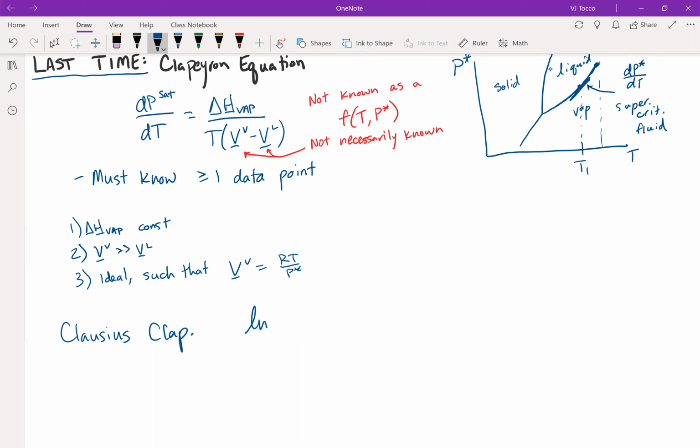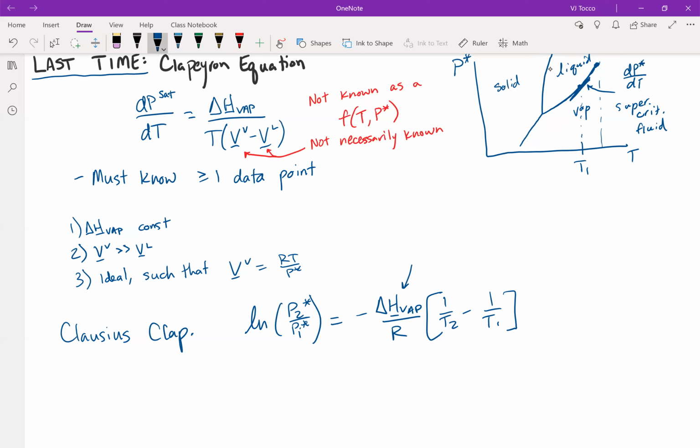And Clausius-Clapeyron is ln of P star 2 over P star 1, or P sat. Remember, P sat and P star are interchangeable. It is equal to minus delta H vaporization over R, times 1 over T2 minus 1 over T1. All right, so you have to be given values for enthalpy of vaporization.